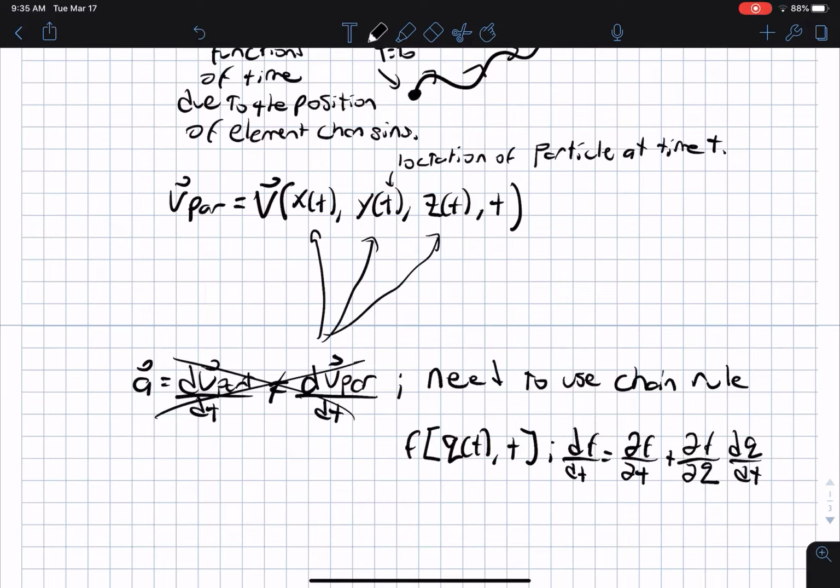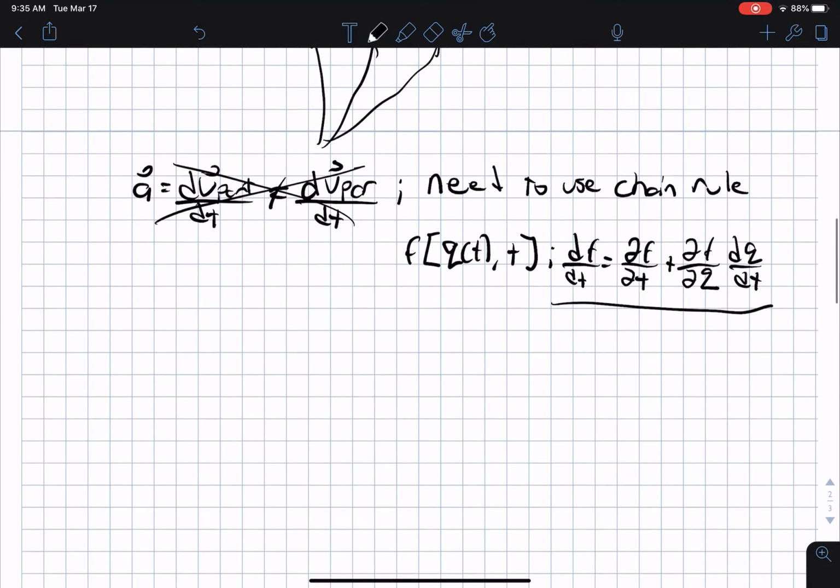So we're going to use this chain rule right here on the acceleration of the particle. So the acceleration equals dv of the particle with respect to time, and we need to use the chain rule on this.